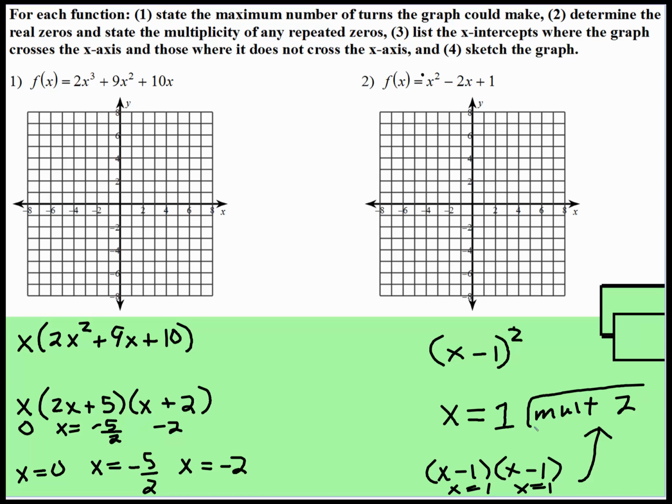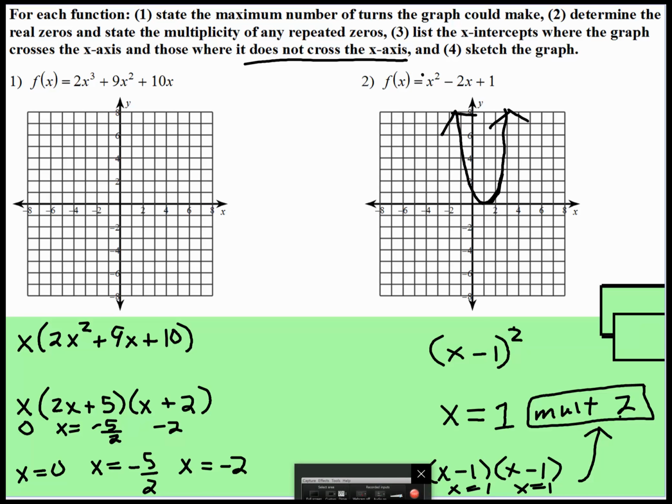And remember what I said last week. When you've got a polynomial and you have x is equal to something with a multiplicity, that means the vertex sits on the x-axis. It does not cross the x-axis. So where x is equal to 1 right here, that's where the parabola vertex is going to sit. All right, that's it for this one.